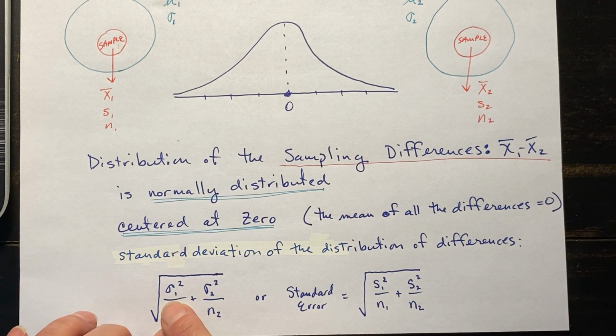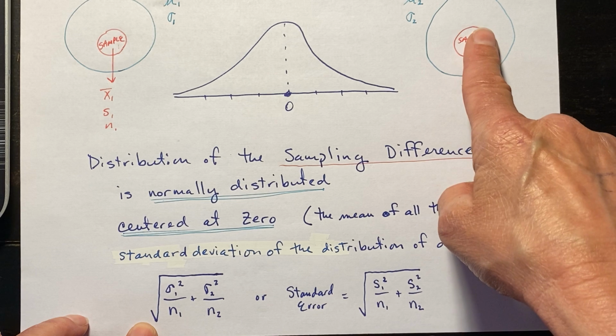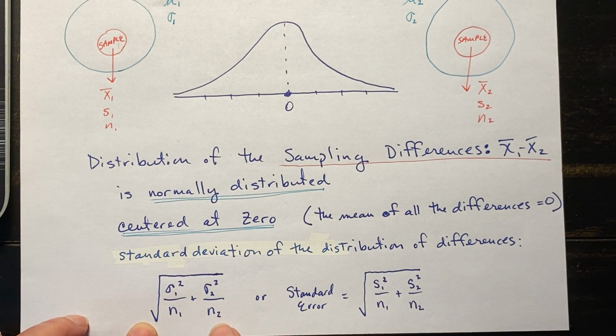It's the standard deviation squared, which is just the variance, divided by the sample size. So we take the standard deviation of the first population, square it, divide by the sample size, plus the standard deviation of the second population squared, divided by its sample size, and then we take the square root of that sum.